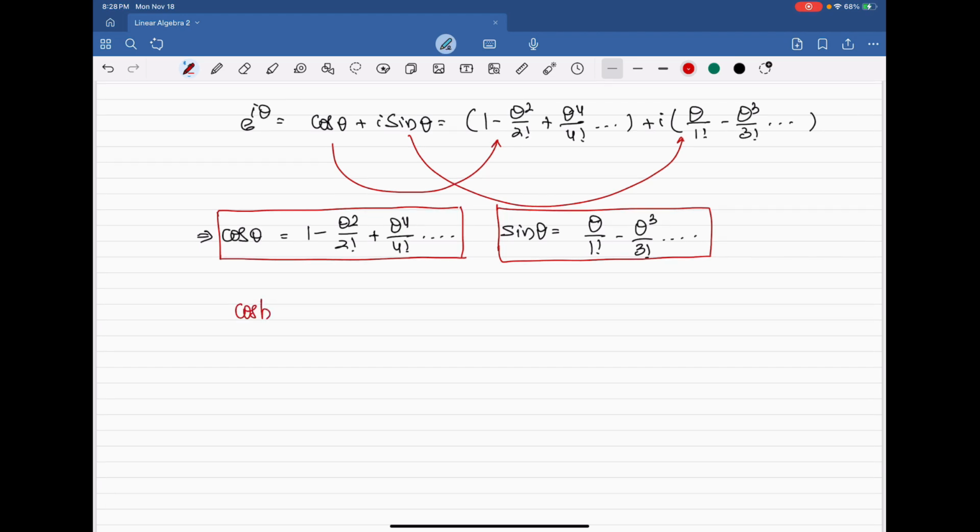Cos hyperbolic theta is equal to 1 plus theta square by factorial 2 plus theta to the power of 4 by factorial 4, and so on. Sine hyperbolic theta is theta by factorial 1 plus theta cube by factorial 3 plus theta to the power of 5 by factorial 5, and so on.